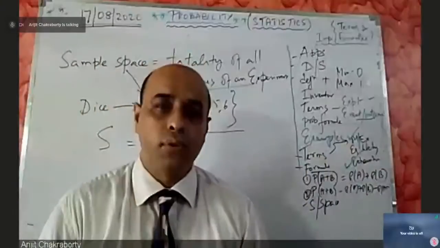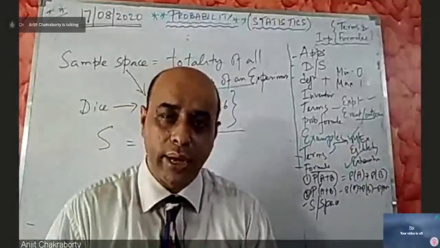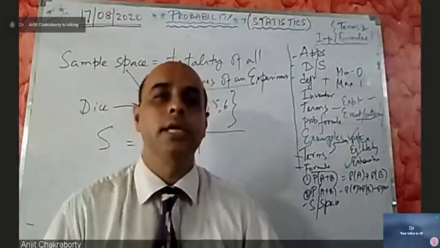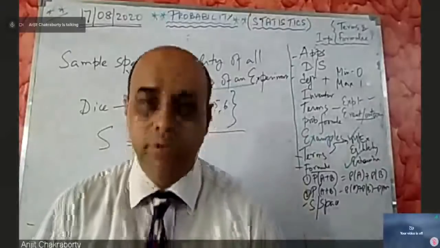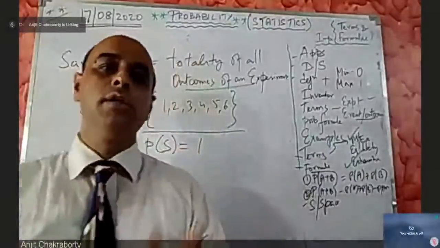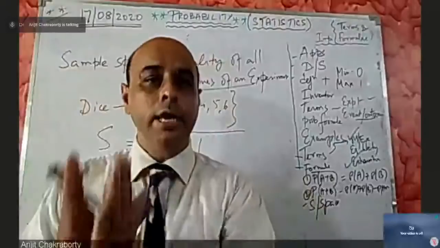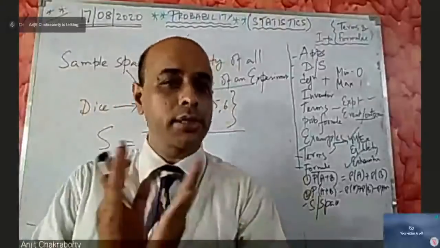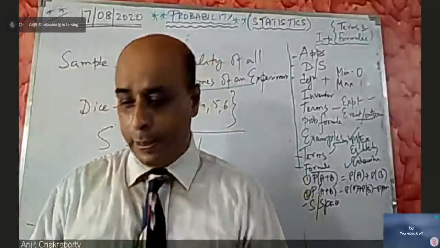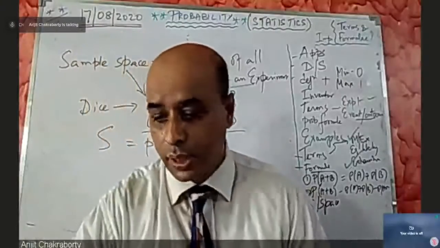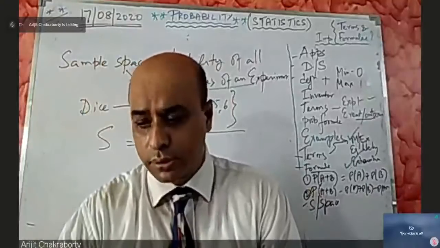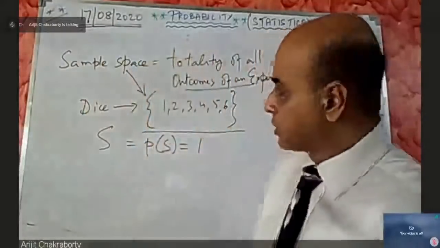One is for mutually exclusive events, where P(A+B) equals P(A) plus P(B). And for non-mutually exclusive events, P(A+B) equals P(A) plus P(B) minus P(A intersection B). So this is what we have done so far, and now we enter into the further discussion of events.